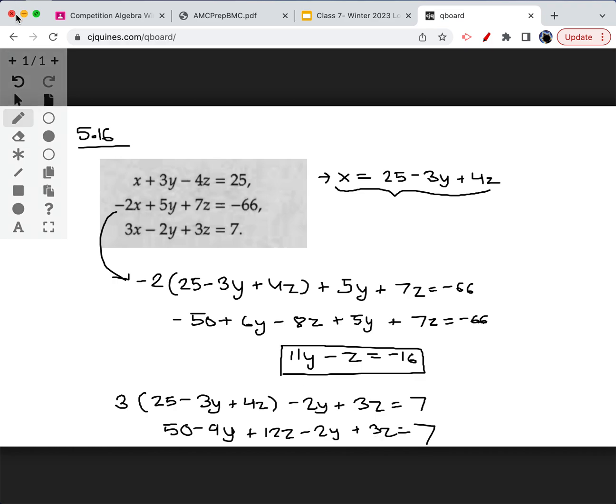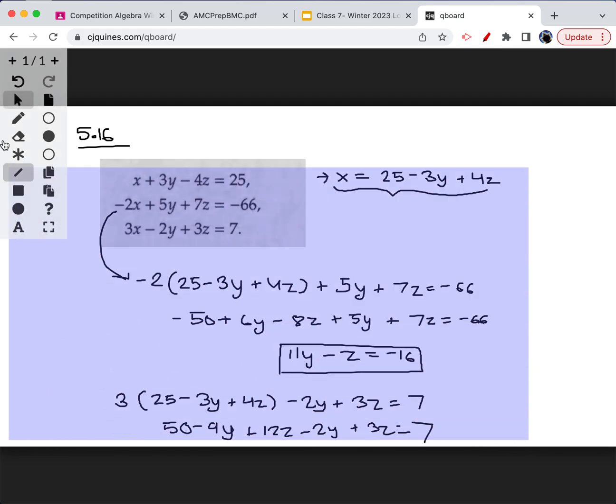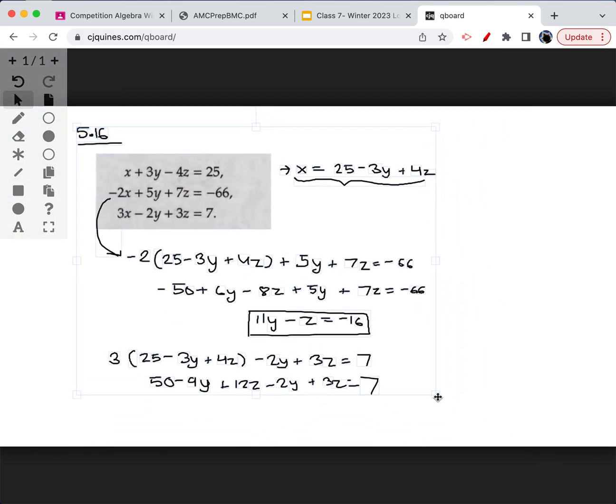And then once again, combining like terms should give us 43 equals 11y minus 15z.